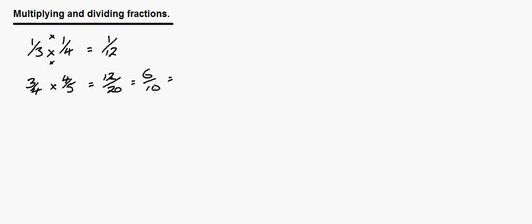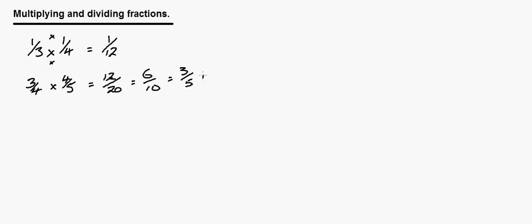But 6 and 10, both of those can be divided by 2. So 6 divided by 2 is 3, and 10 divided by 2 is 5. Now there is no number that will go into 3 and 5 except 1.